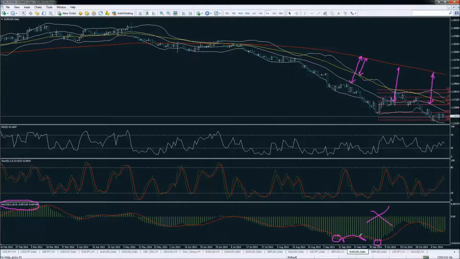Another time crossing over here, confirming it's quite possible to see further downside. So those are the things that you need to see. How many times and where we have crossovers of the signal and the MACD.